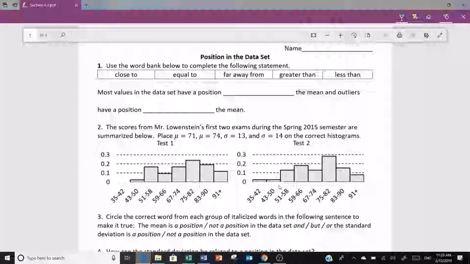Let's start with the first question. One of the positions we've looked at is the mean as well as outliers. So let's go ahead and use our groups to fill in the rest of the sentence for number 1.